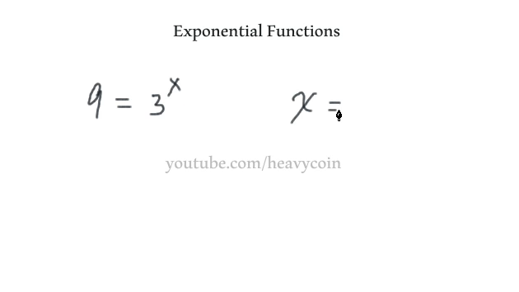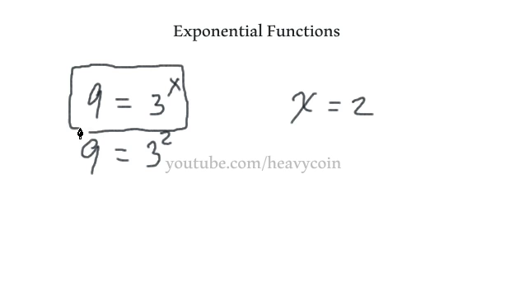Well, x is equal to 2, because 3 squared is 9. This is something we're going to be doing quite a bit of in the next section, or maybe in this same section, because I did throw in some logarithms, which we'll talk about next.